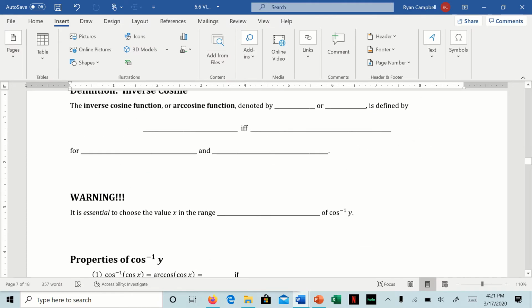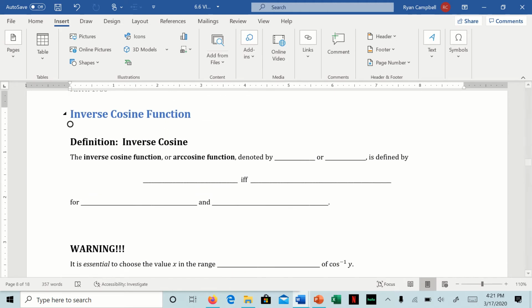Also, let's just write that down. Inverse cosine is going to be the prefix of cosine, cos negative 1, or arc cosine. So if we have y equals cosine of x, that means that x would equal the arc cosine of y, or the inverse cosine of y. And what do we say x had to be between? X has to be between 0 and pi.